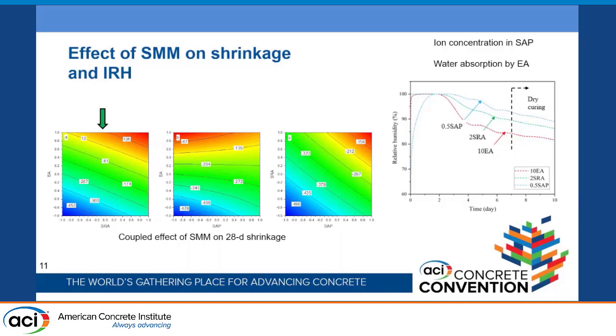The EA system absorbed a lot of water right after casting, because the expansive agent wanted to form portlandite, and the chemical reaction needed a lot of water compared to the other systems. However, the SAP system desorbed the water into the system and had higher relative humidity over time.